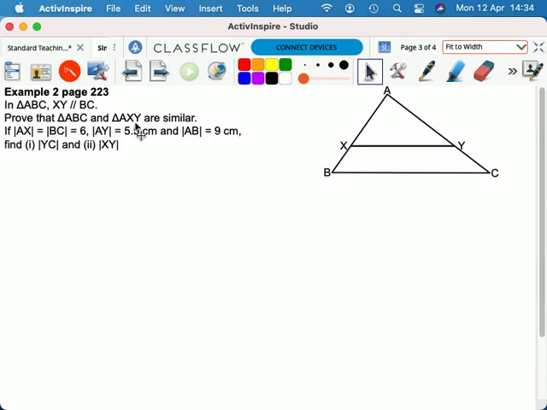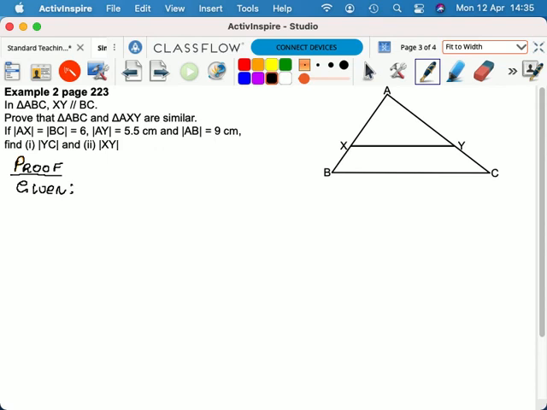So the first thing is, what have we been given? So we're doing a proof. The first thing is to take note, what did they tell us in the question? What information did they give? What's been given?